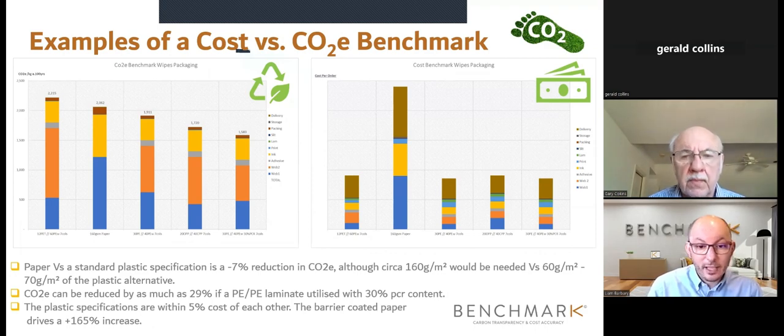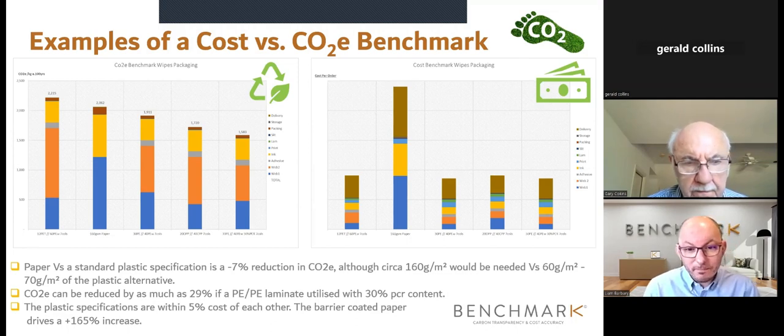And look, if that's the case, the really nice communication you can make to your clients or your businesses, if you're trying to justify it internally, is to say that yes, something is 10–15% more expensive, which is obviously something difficult to justify. But if you can say, well, look, we're halving or even more our carbon footprint as a result of this small uplift on cost, that's a much better story to go back to your business with.